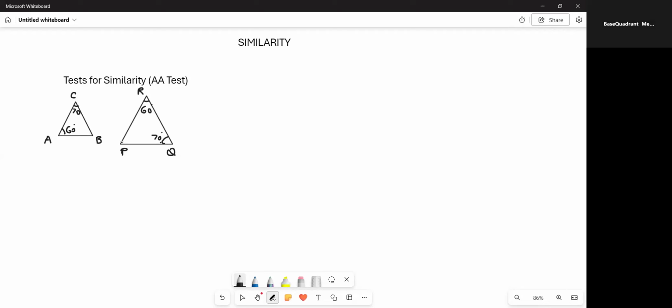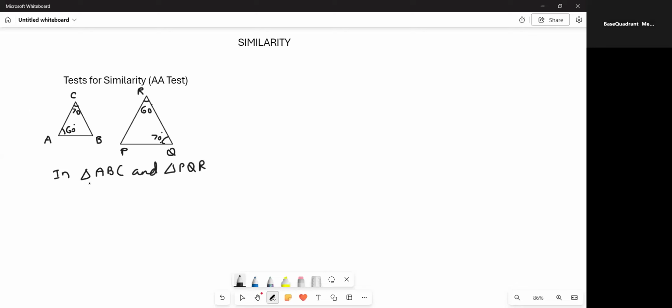Here you have triangle ABC and triangle PQR. In triangle ABC and triangle PQR, let's see, one angle of the first triangle is 60 degrees, angle A, and for the second triangle 60 degrees, angle R, which means angle A and angle R are congruent, correct?